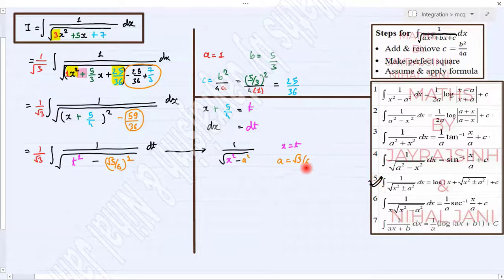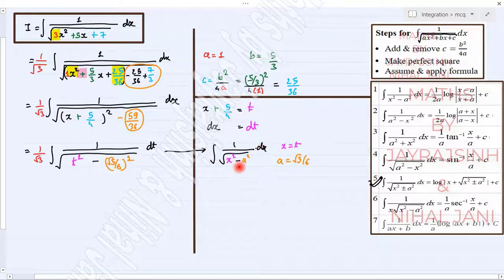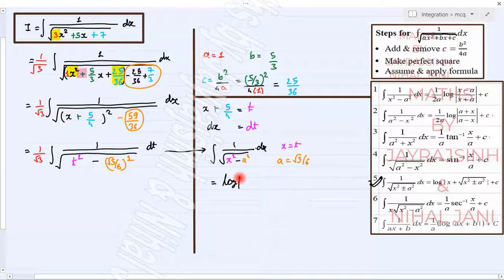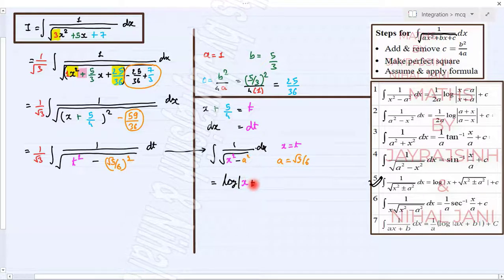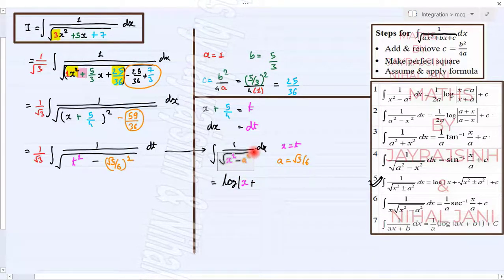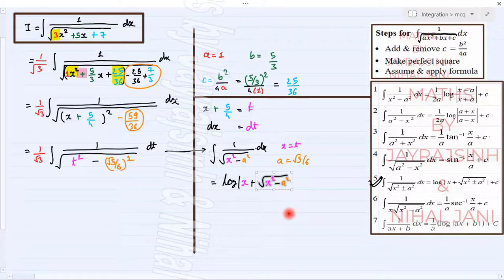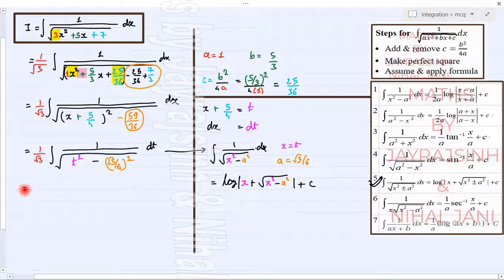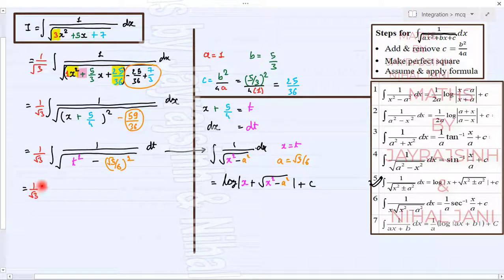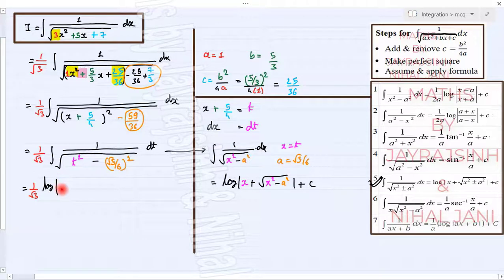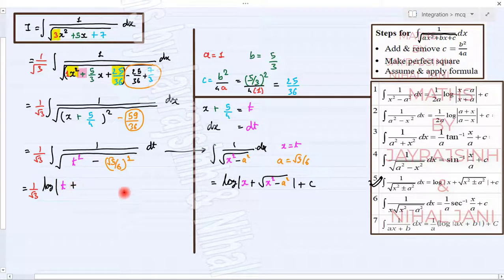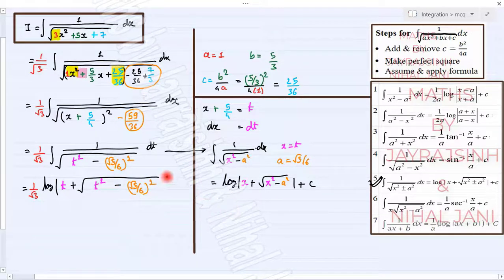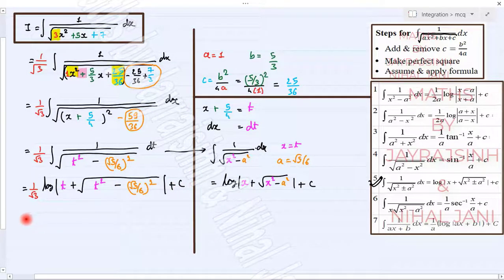And using the fifth formula, we can say its integration is simply log mod x plus whatever you have in the denominator, plus c. So here we'll get 1 by root 3 log mod t plus whatever you have in the denominator, plus c.